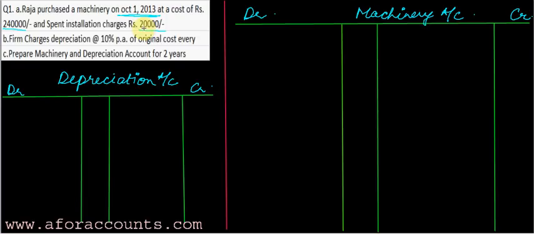So any expense before it is put to use, say installation charges, some export or import duty, or any other lawyer expenses to bring that machinery in, all those expenses will be capitalized and will form part of your machinery. So the cost of my machinery will be 2,40,000 plus 20,000, that is 2,60,000.